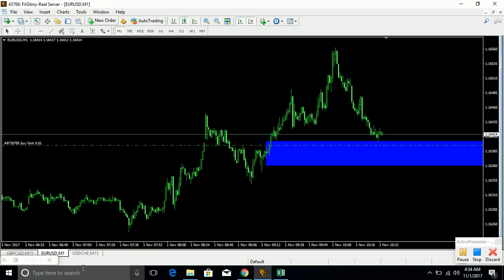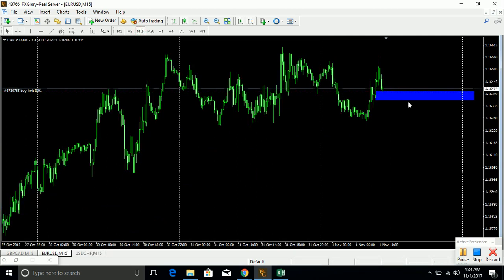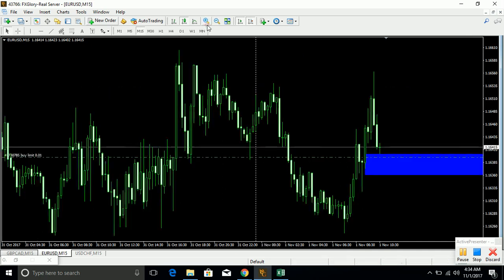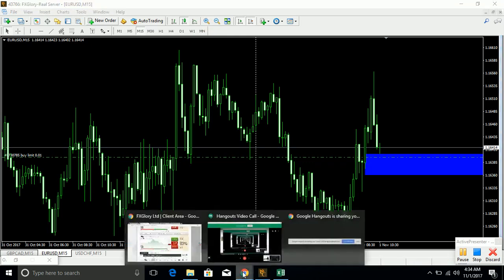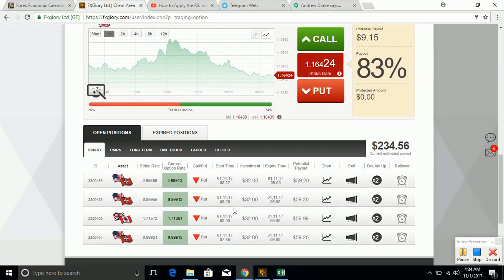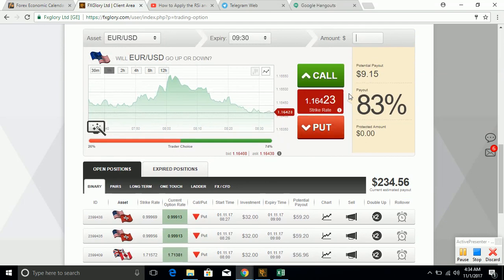But notice how that zone I drew out using this 15-minute chart played a vital role in our analysis. Okay, now on this next particular trade, I'm going to use $32 as well.